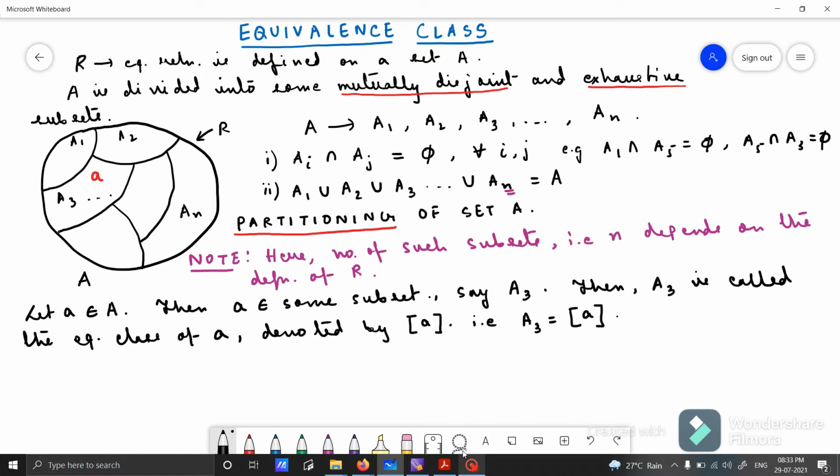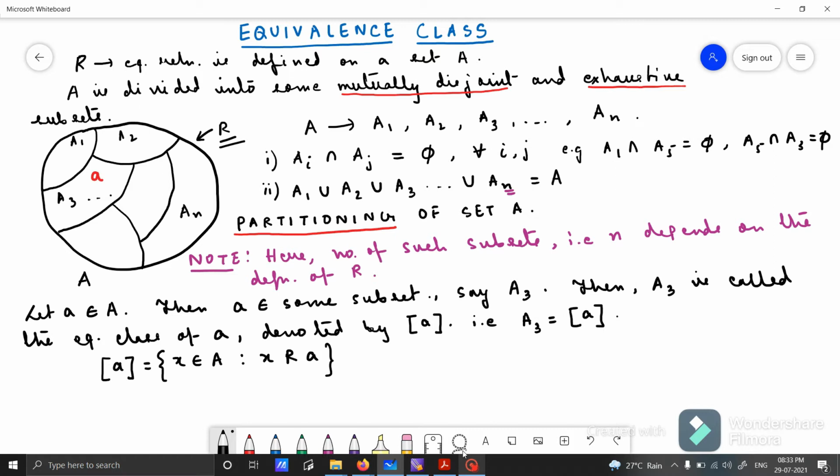This is how we define the equivalence class of a: it will be the set of all those elements x of the original set A such that x is related to a. So whichever elements in the original set A are related to the small element a by the given equivalence relation R, they will all belong to this equivalence class of a.